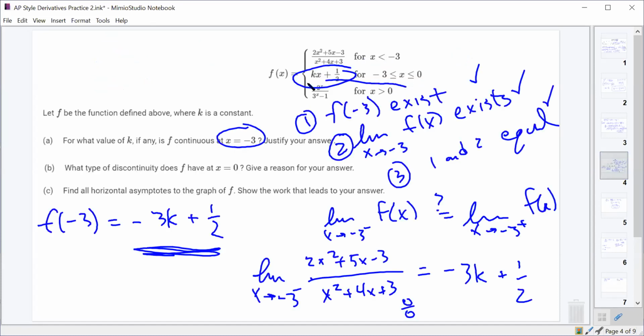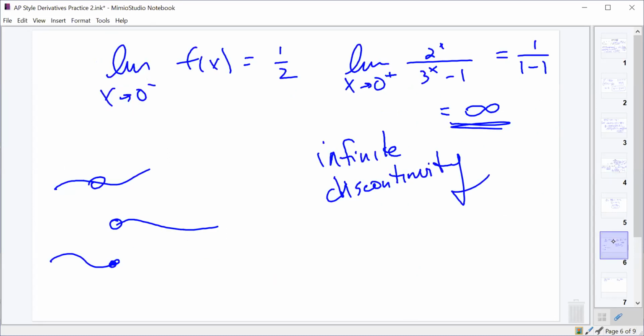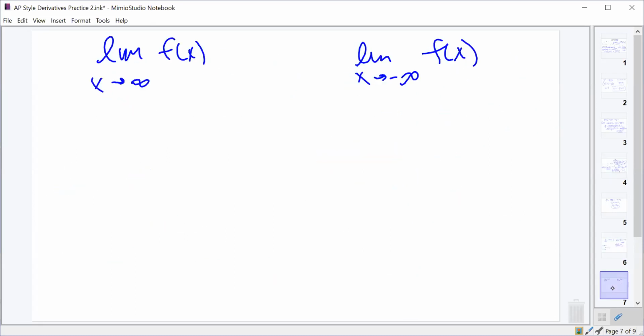So which piece are we going to use for infinity? The one where x is greater than 0, right? The 2 to the x over 3 to the x minus 1. So this becomes a limit as x approaches infinity of 2 to the x over 3 to the x minus 1. And as x goes towards infinity, the numerator there, 2 to the x, is very large, and the denominator, 3 to the x, is also very large, right?